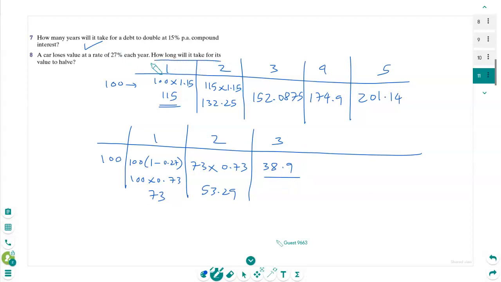So how long will it take for its value to halve? To halve means to become less than 50. 3 years. Yes, so 3 years is the right answer. It was just more than half after 2 years, and after 3 years it's less than half, right? So this is the end of the chapter.